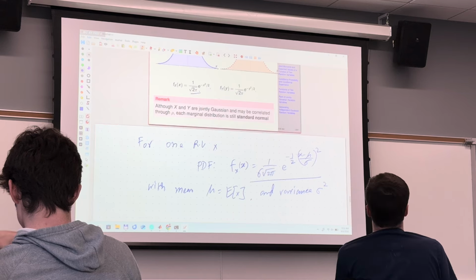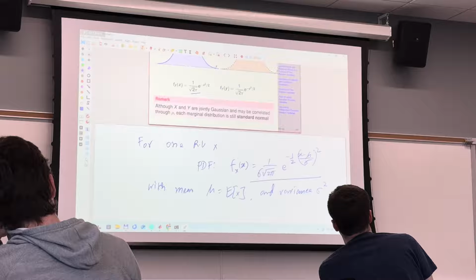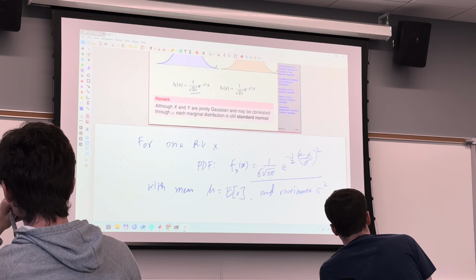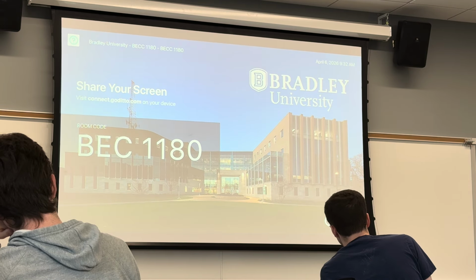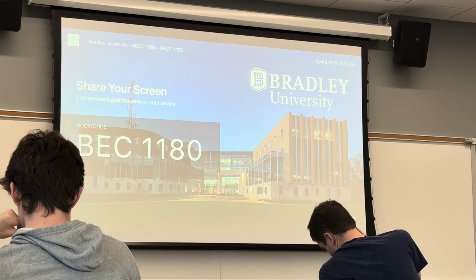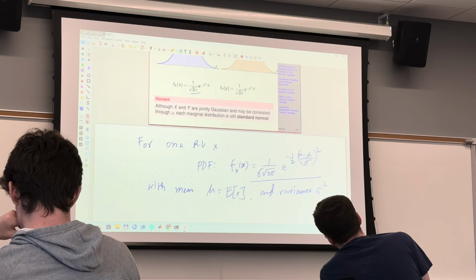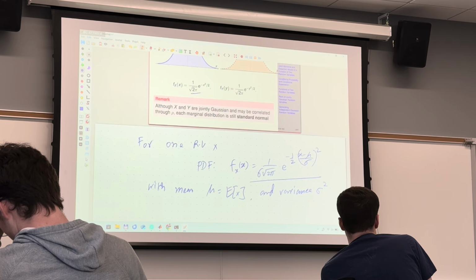Can you see what is the mean and variance? So if you substitute mu equals 0 and sigma squared equals 1, you are left with this expression.